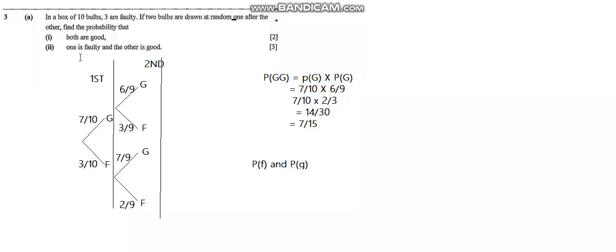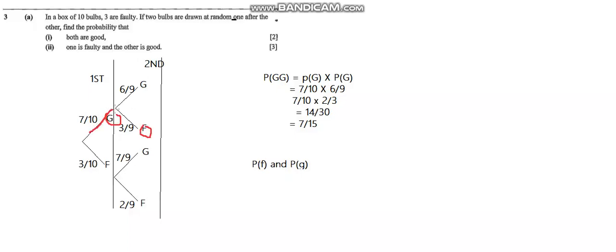Now, this case says one is fault and the other is good. They haven't said which one is first. So take note, they haven't said good should be first or fault should be first, as long as we have one fault and one good. We have one good here and one fault here.